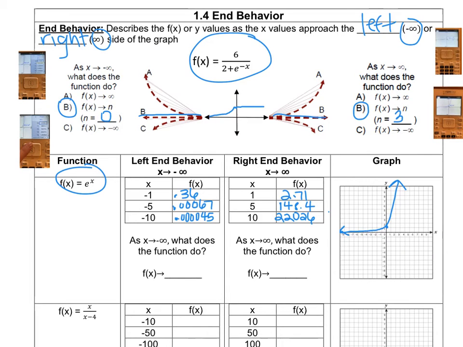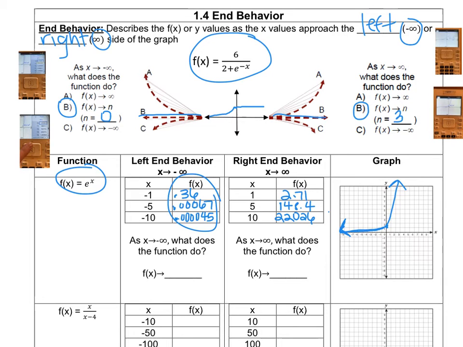Alright, so make sure you have those table values filled out. So on the left side, I have -1 is 0.36, -5 is 0.0067, and -10 is 0.00045. So we could tell that as my graph kept going more to the left, my y values were getting closer and closer to 0. So as x approaches negative infinity, what does the function do?